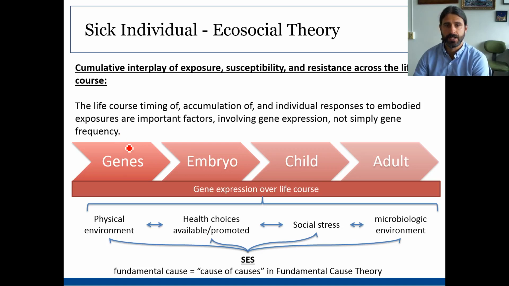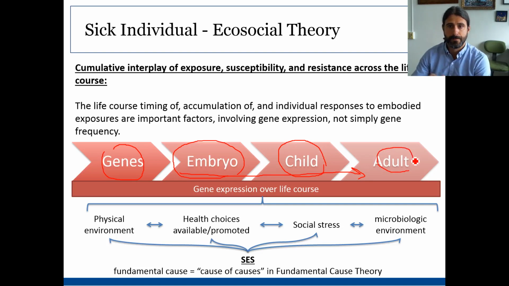So I put here in a simplistic way, we're born with a certain set of genes, but there is a life course throughout which there are certain very sensitive periods where the environment in the embryo can have effects downstream into adulthood, and potentially that same environment would have different or diminished effects as a child or during adulthood.